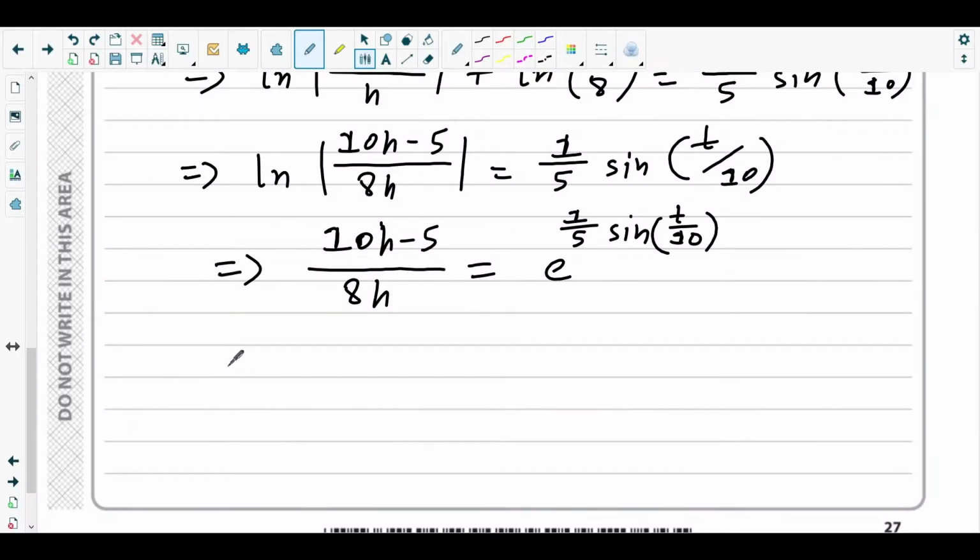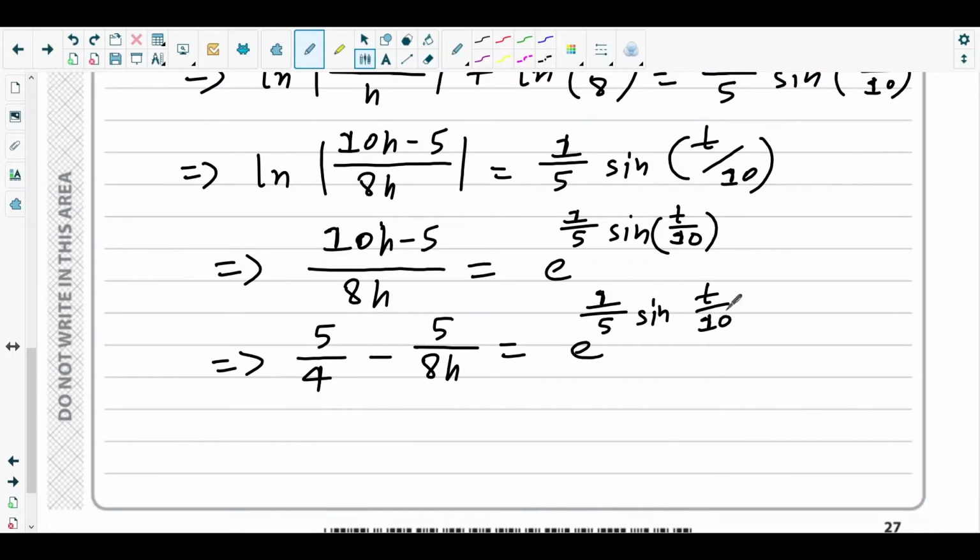Now we just need to make h the subject. In order to do that, you can simplify it, right? How can we simplify it? It can be written as 10h over 8h, which is just 5 over 4, minus 5 over 8h, equals e to the power 1 over 5 sine t over 10.